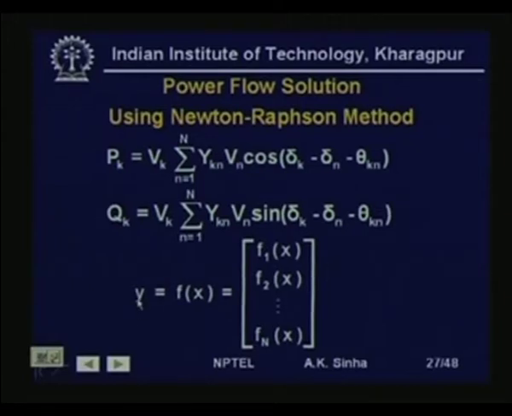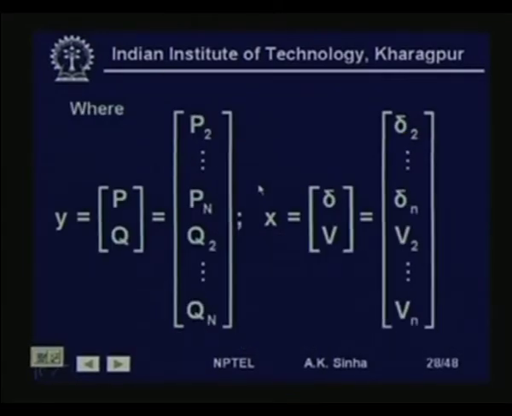For each bus, we can write this as y is equal to f x, where f x is f 1, f 2 up to f n, where n is the number of equations that we have. If we have n number of nodes, then we will have 2n equations: n equations for P and n equations for Q.